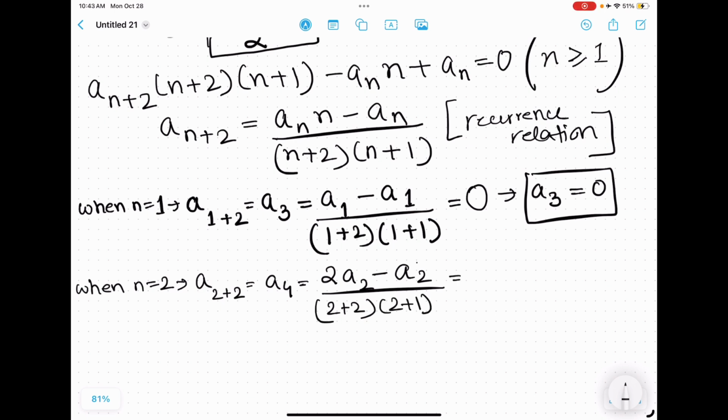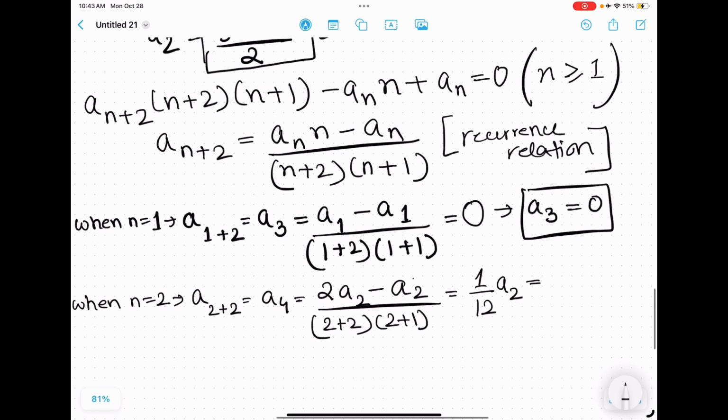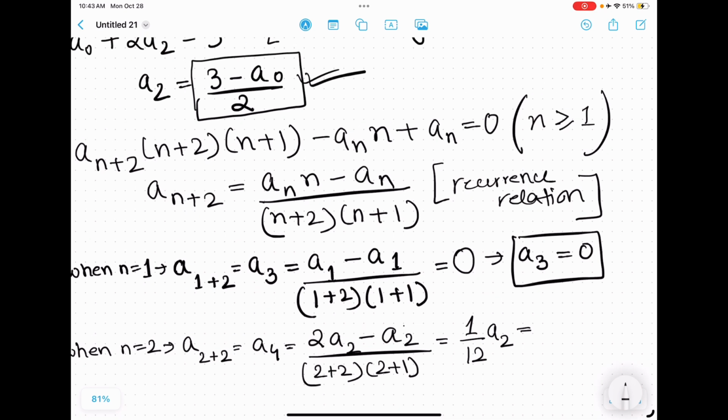And that gets simplified to 1 by 12 a sub 2. And I have my a sub 2 over here, which is 3 minus a sub 0 by 2. So let's just plug in that value over here.